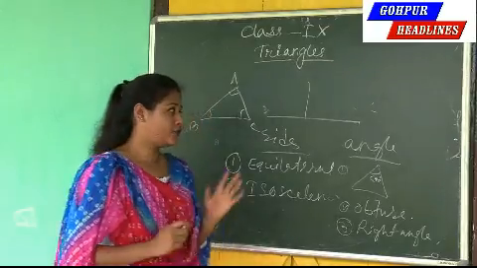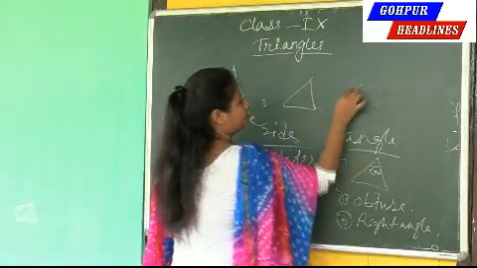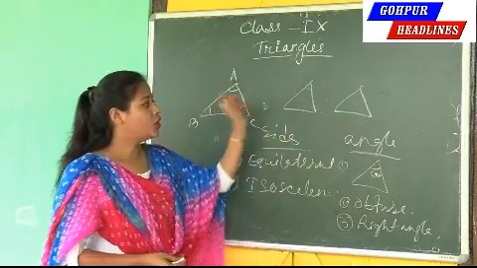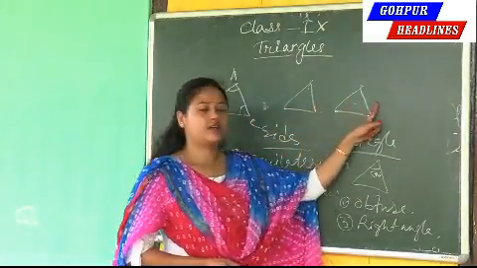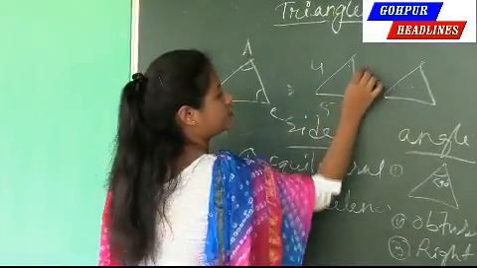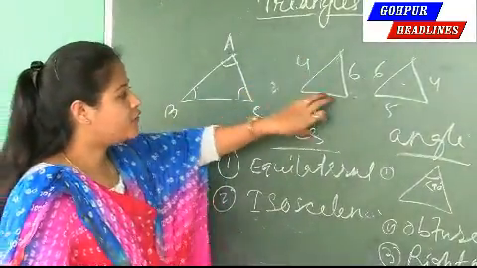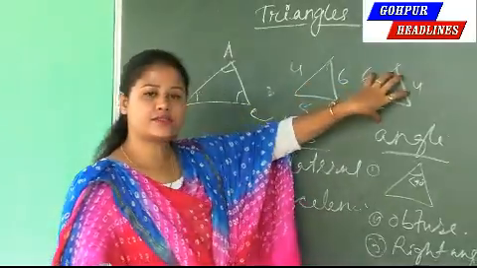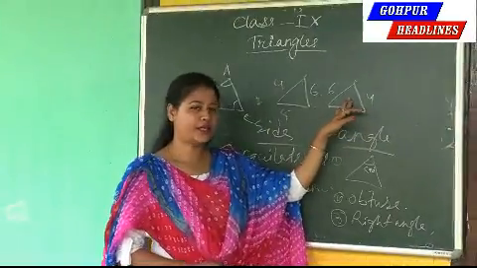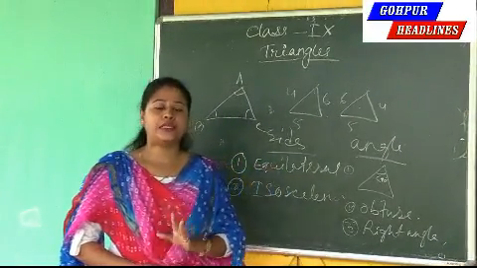In case of triangles, 2 figures are said to be congruent when all the sides are equal corresponding to each other. If all these sides are equal to the sides of the other figure, then we can say that these 2 triangles are congruent. Any 2 figures are said to be congruent when they overlap each other.